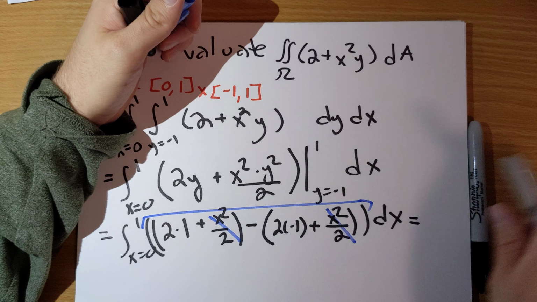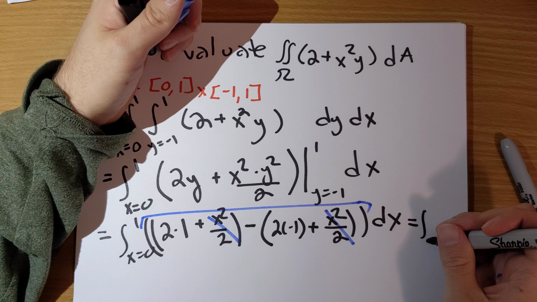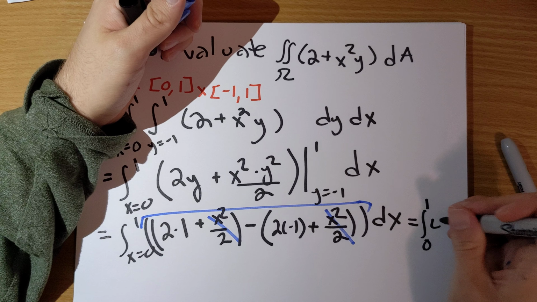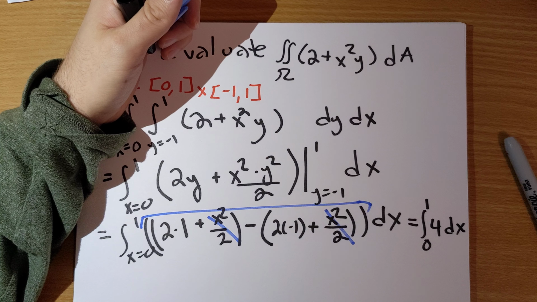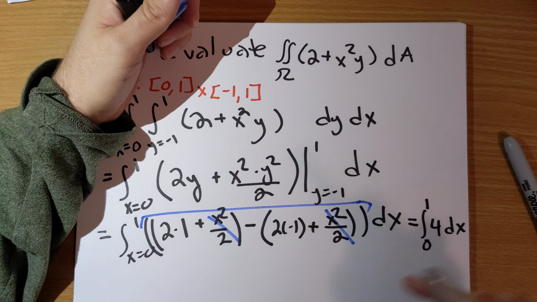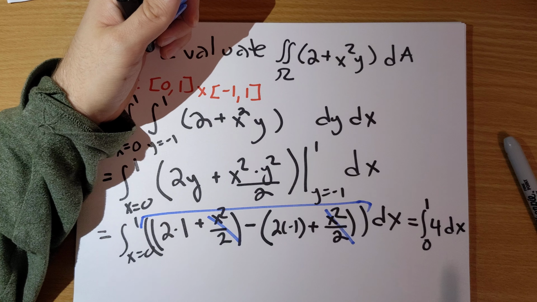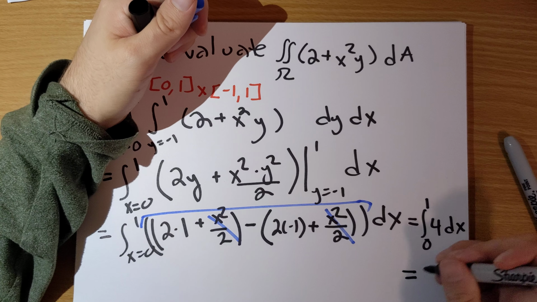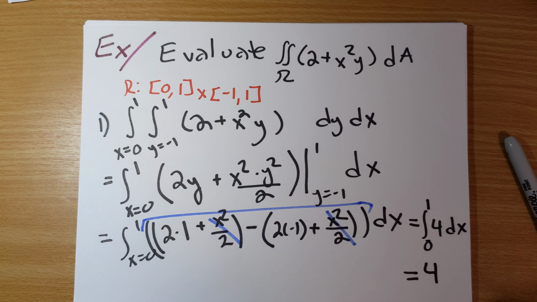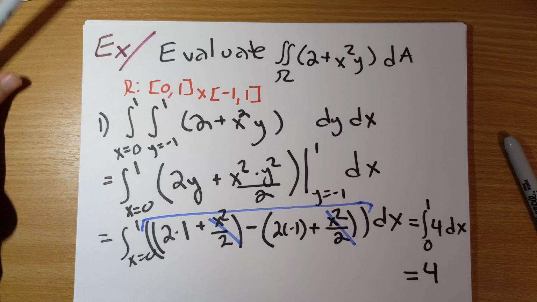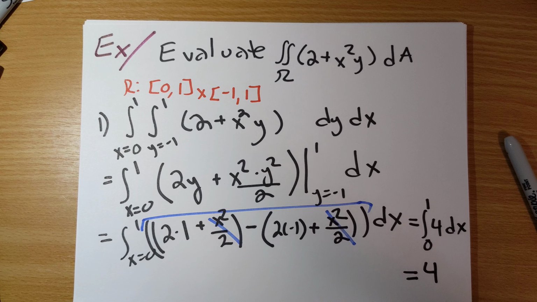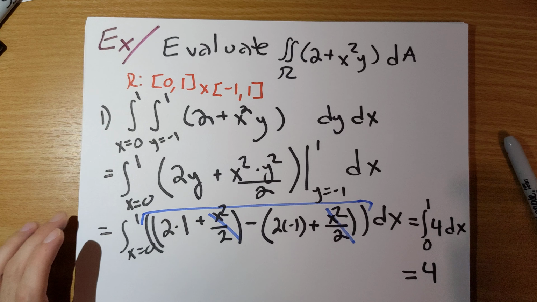We have 2 minus negative 2, which is 4. And so what is our final answer here? Integrate 4 from 0 to 1, and we just get 4.